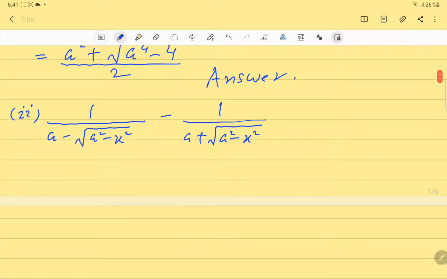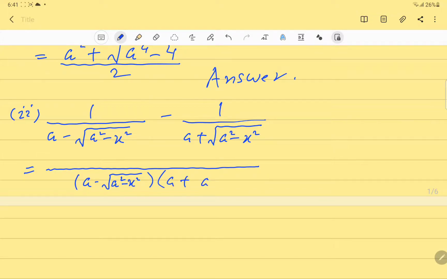In this one, we will be taking LCM of both the fractions. So that will be a minus square root of a squared minus x squared into a plus square root of a squared minus x squared.